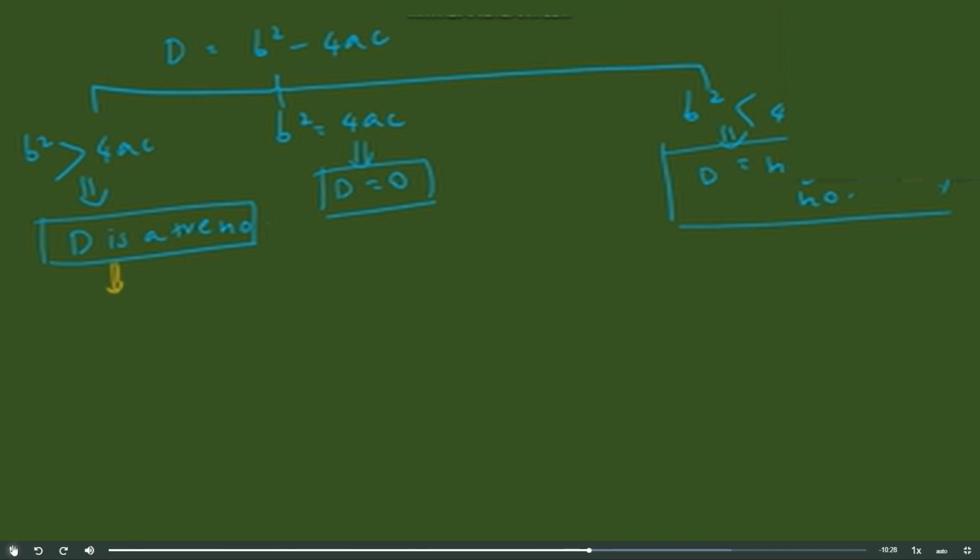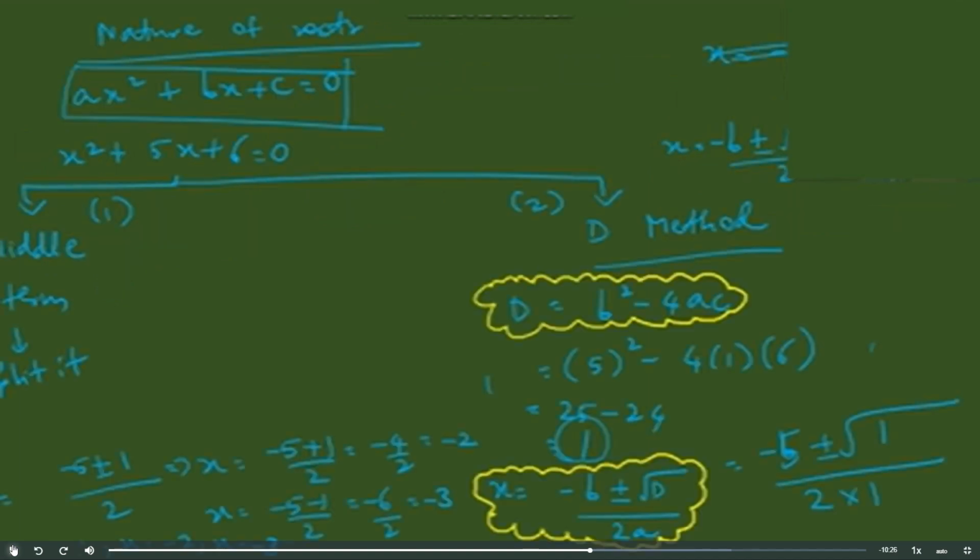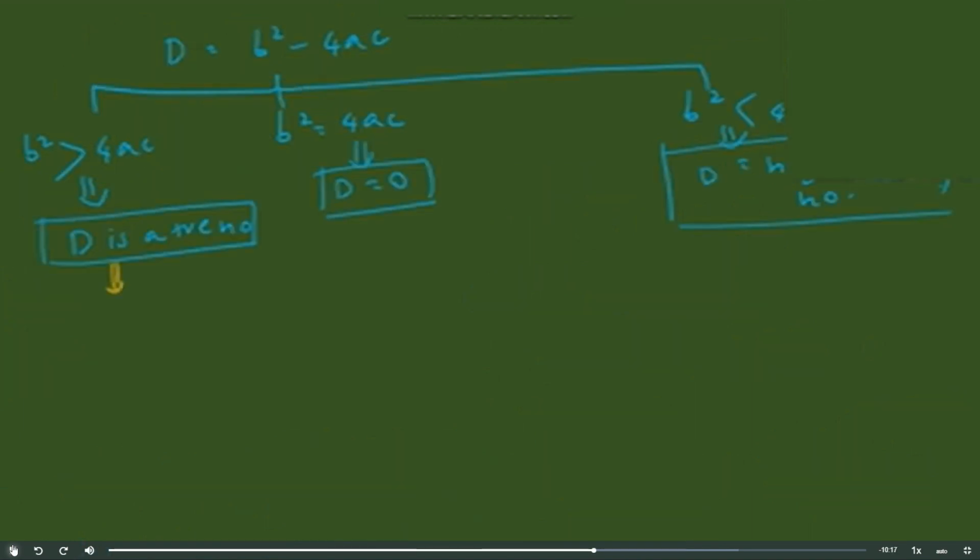If d is a positive number, then see what happened in the last case. You found out the roots using this positive d value. So in that case, root of a positive number is very much possible.